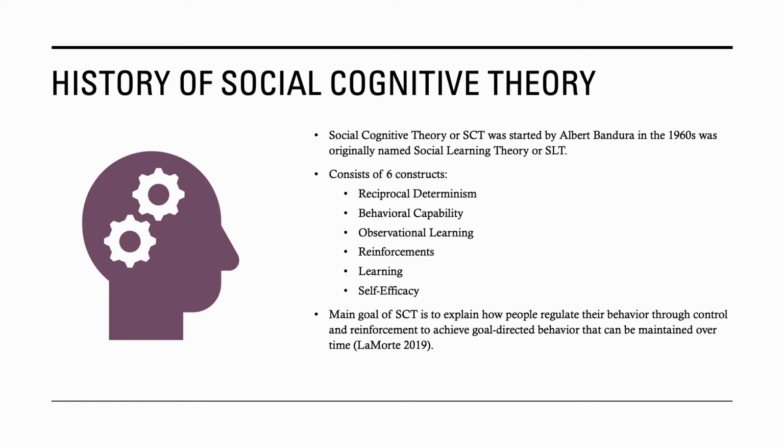To begin, I want to describe the history of the social cognitive theory. The social cognitive theory is the theory that we chose for our intervention method. In the 1960s, the social learning theory was created by Albert Bandura. In 1986, the social learning theory transformed to the well-known social cognitive theory.